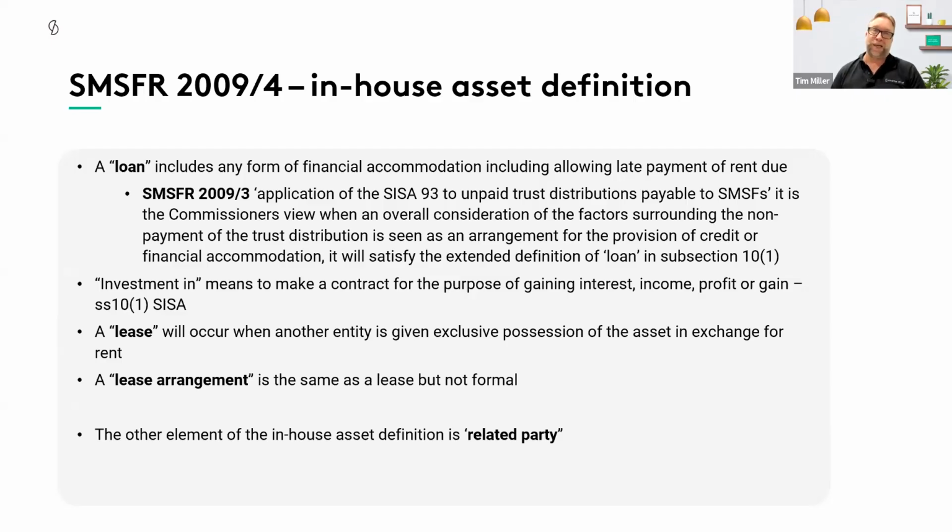So that's obviously been taken care of with the collectible and personal use asset rules. But secondly, you should be generating revenue from that because it is a lease arrangement. So you are effectively displaying an asset that doesn't belong to you personally, it belongs to the super fund. And so there should be some form of consideration for that. So a lease arrangement is that more informal version of the lease.